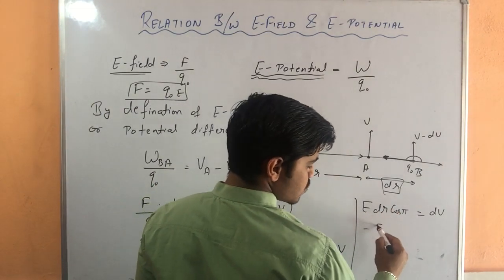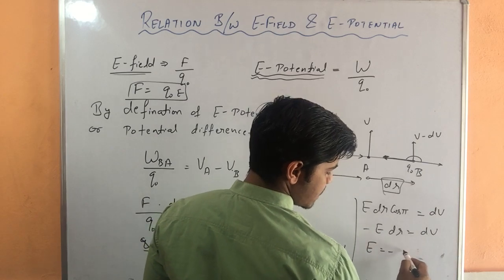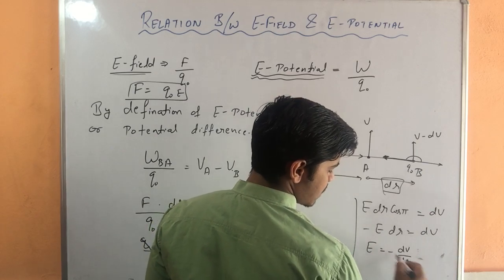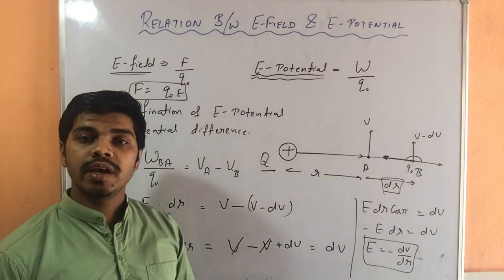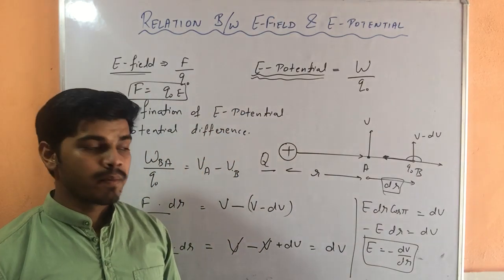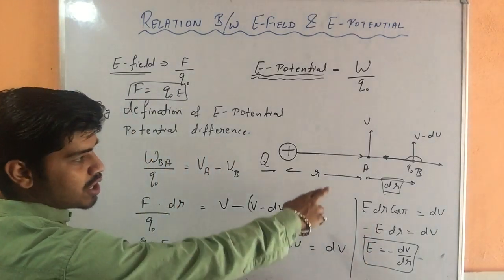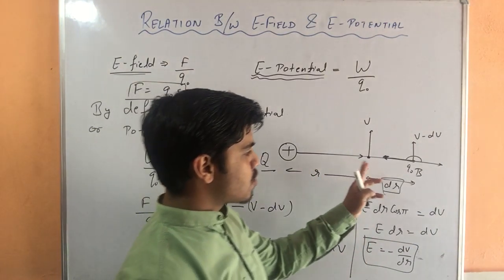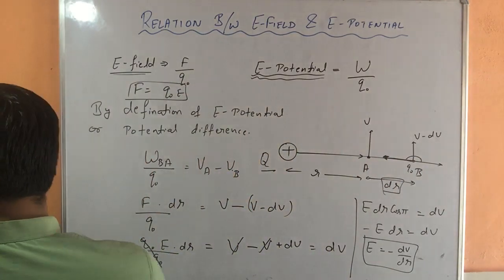Cos pi is minus 1, so E is equal to minus dV by dr. This is the general relation between electric field and electric potential, and we can also find this by changing the displacement from A to B. Let us find it by another way.